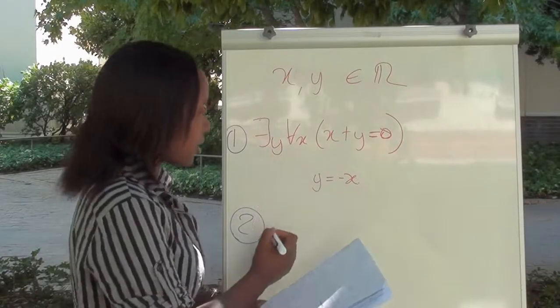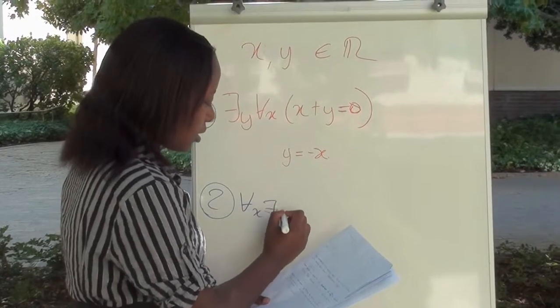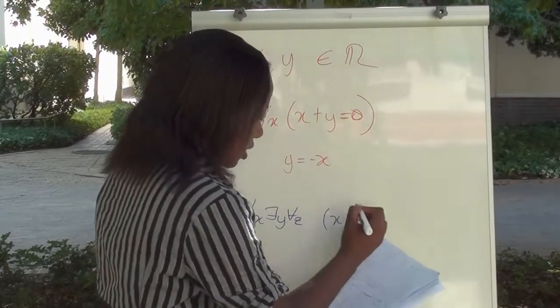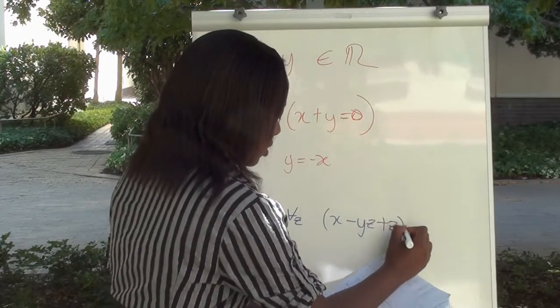The next example says, for all x, there exists a y for all z, such that x minus y equals z plus z.